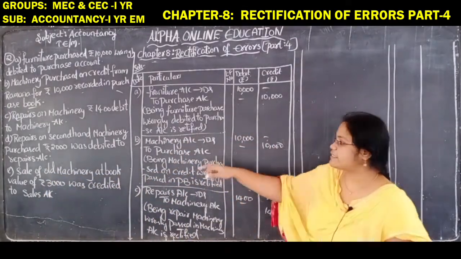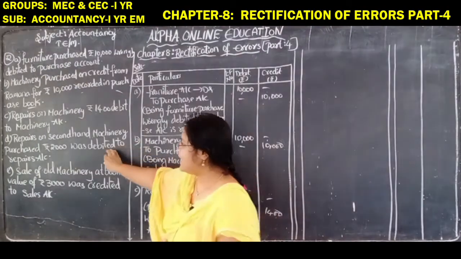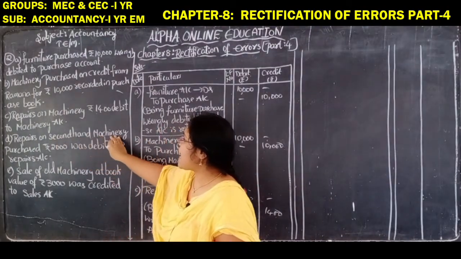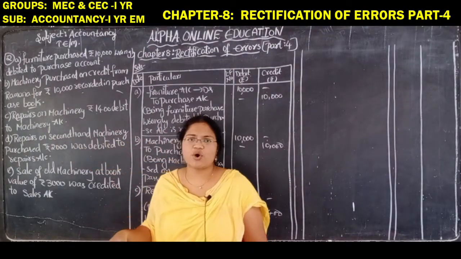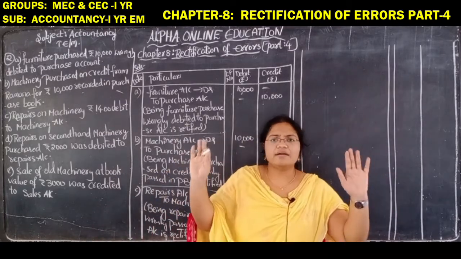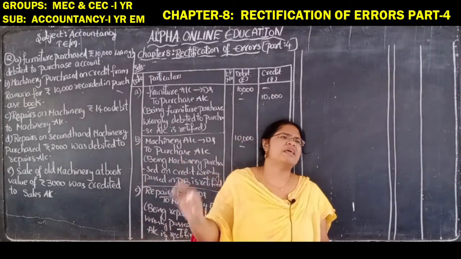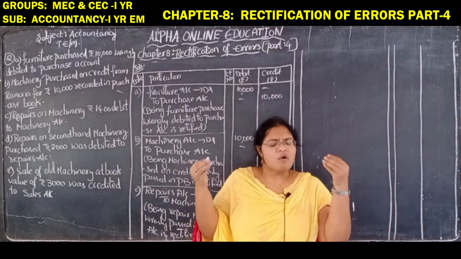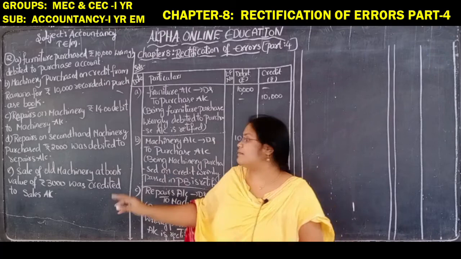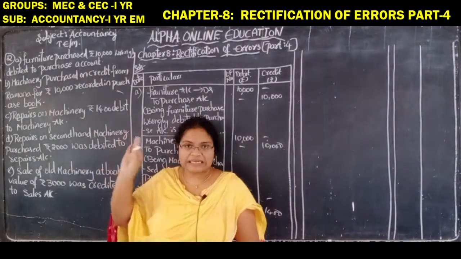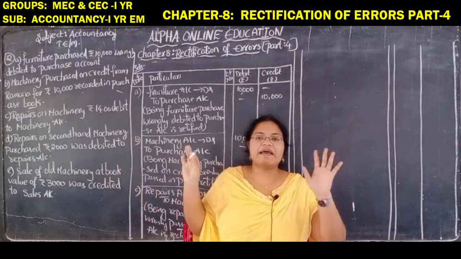Now let us see the third, D. Repair on second hand machinery purchased. Whatever it may be, it may be a second hand machinery, but they are purchasing the machinery. That's the matter here. So what will be the entry?